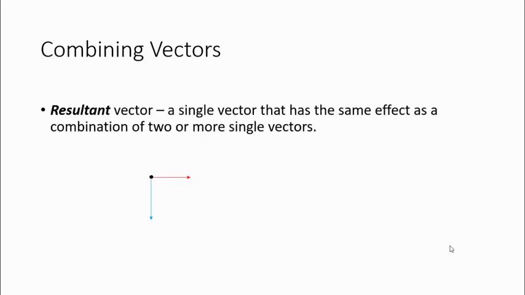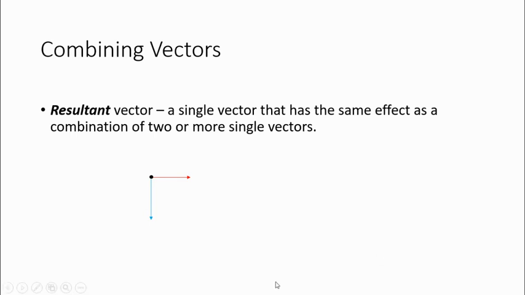So when we combine two vectors, we are finding what we call the resultant vector. The resultant is a single vector that has the same effect as a combination of vectors.